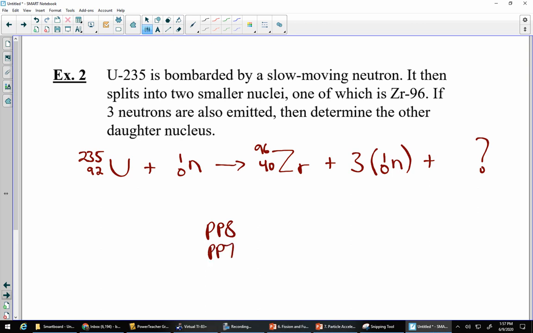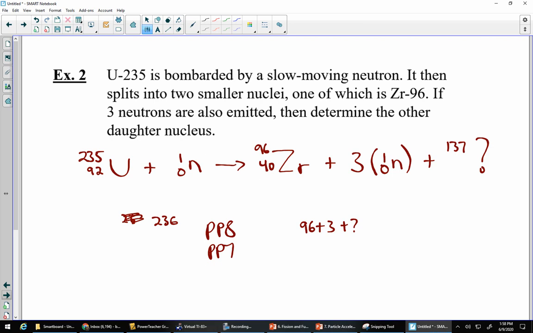On this side of the equation, I've got 236 nucleons. On this side, I need 236 nucleons. So 96 plus 3 plus a question mark has to equal 236. It must be 137. So 137 plus 3 is 140, plus 96 is 236.